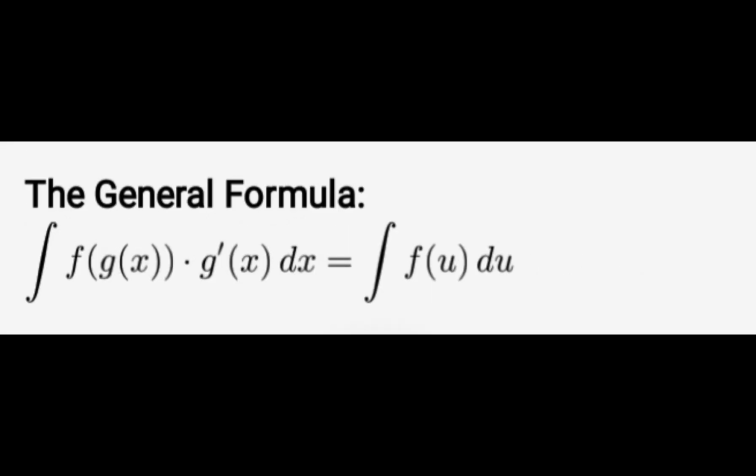General form of U substitution. Integral f of g of x times g prime of x dx equals integral f of u du. Proceed to the example for U substitution.